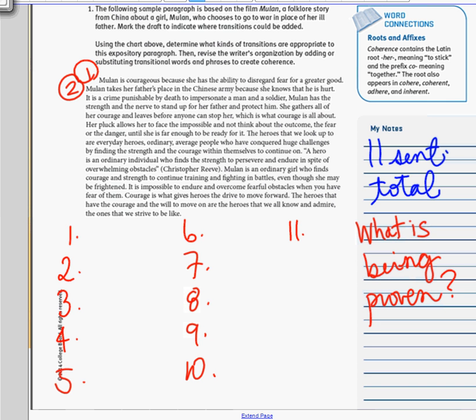What is the author trying to prove to us in this entire paragraph? And the very first sentence is telling us what the author is trying to prove. We just reread it aloud. So what is the author trying to prove to us with this giant paragraph? What's trying to be proven, Faisal? That she's heroic. Okay, we're trying to prove that Mulan is heroic, and how are we going to prove that?